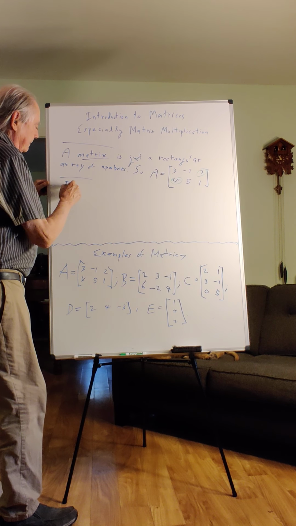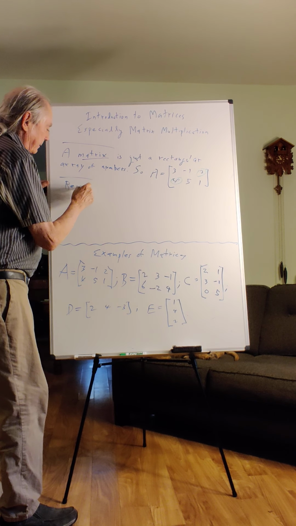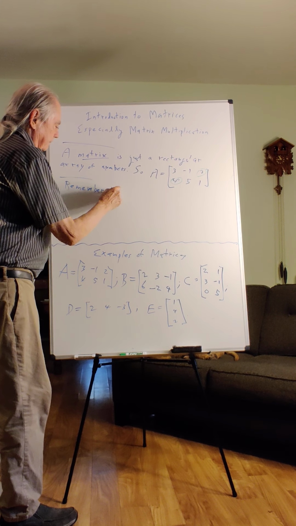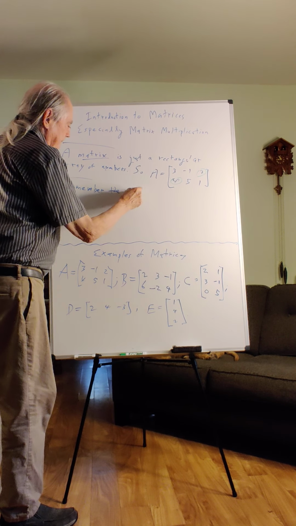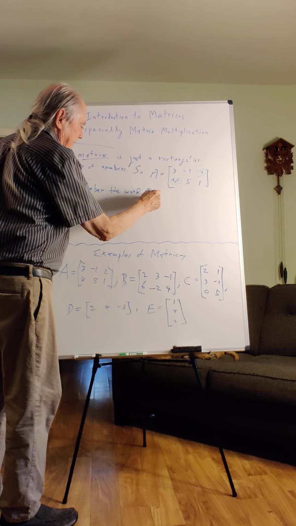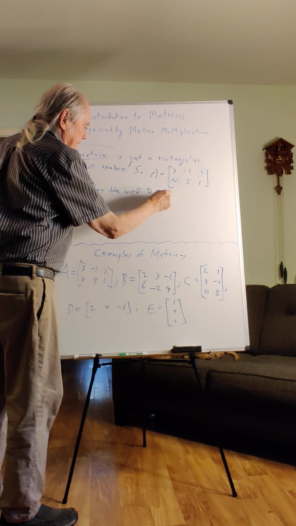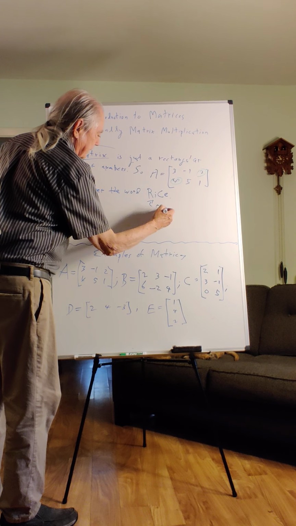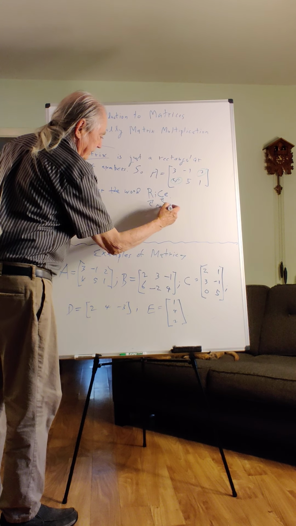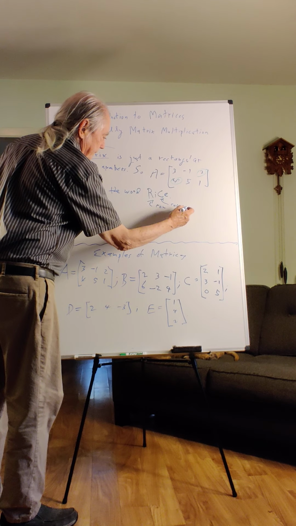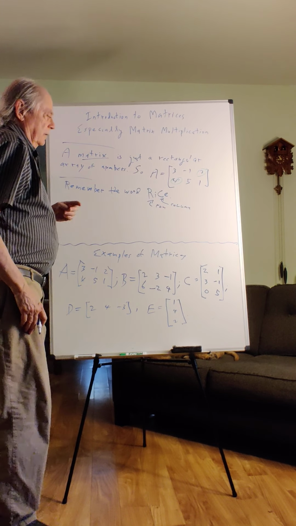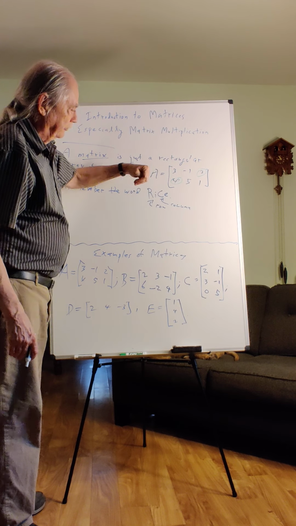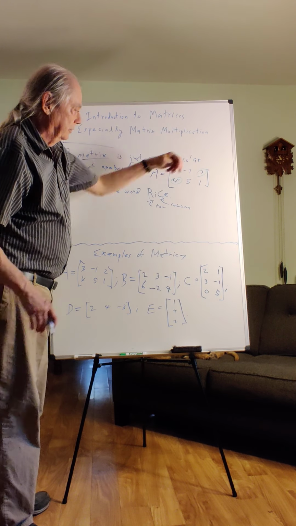Remember this word, and we're going to keep coming back to this a lot. RICE, R-I-C-E. So RICE stands for row, R stands for row, C stands for column. Row comes first, then column. So we have row 1, row 2, column 1, column 2, column 3.